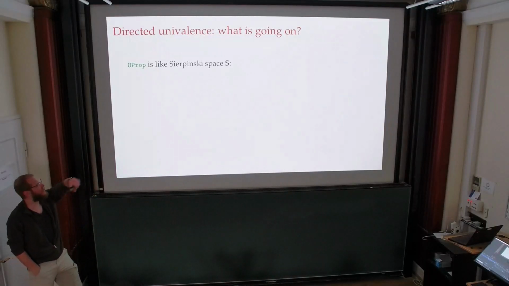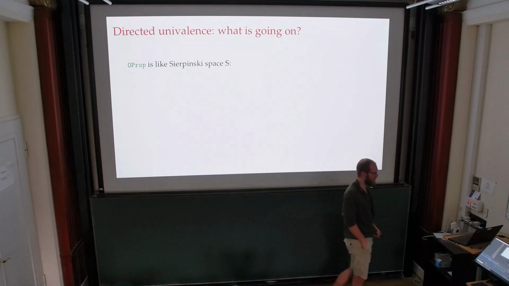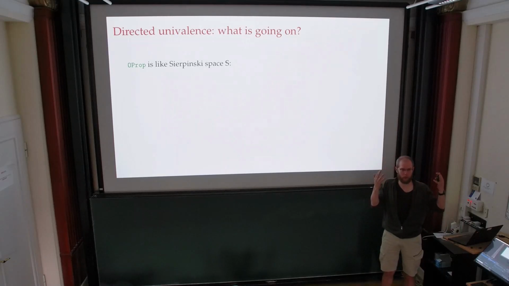Anyway, so there was this question, what does OProp look like in condensed sets? And even if you think with just your topology mind on, if a topological space is like a context, what is a proposition in that context? Well, it's a map from your topological space, that is the context, to Prop, the propositions.